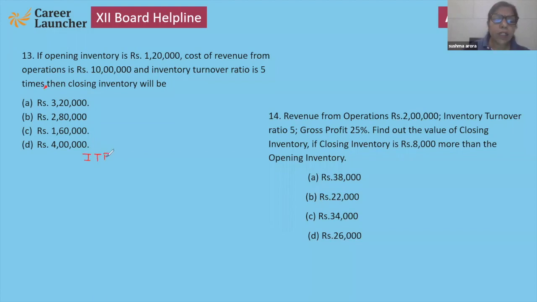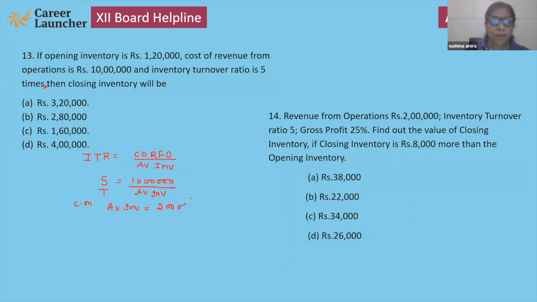ITR, inventory turnover ratio, is Corfo, cost of revenue from operation, upon average inventory. Now ITR is 5. Corfo is simply given in the question, that is 10 lakh. So average inventory we can find out. This is average inventory by cross multiply. That average inventory will be 2 lakh.